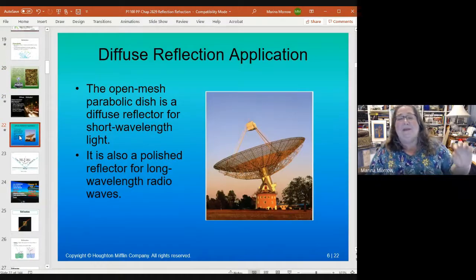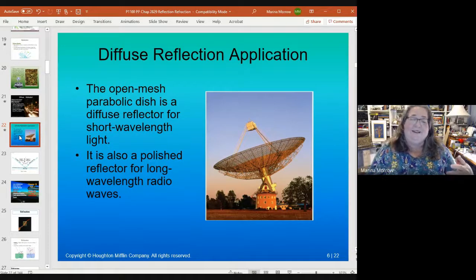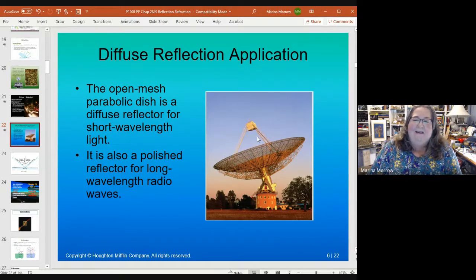Now, whether something is a diffuse reflector or a specular reflector also depends on the size of the wavelength, as we were just talking about. So for radio waves, this is a polished or specular type reflector because the waves are large. And so the radio waves get reflected off this dish and come up to the receiver. Even though this is a giant dish, as you can see, it's on top of a building here.